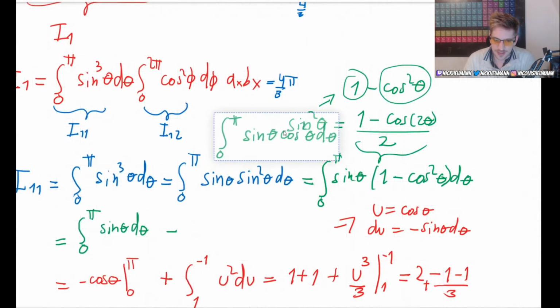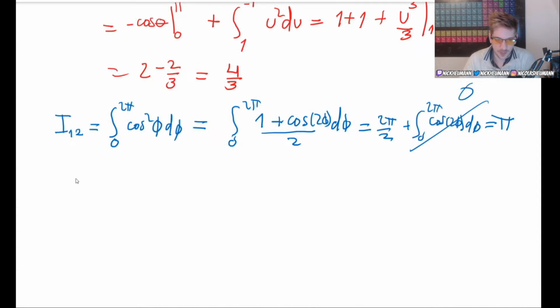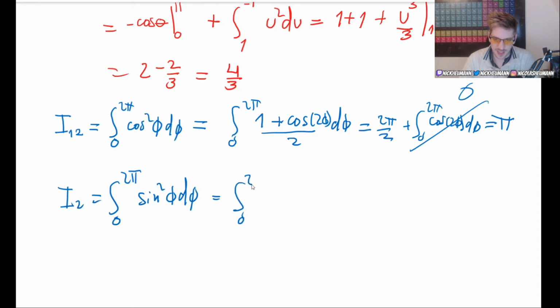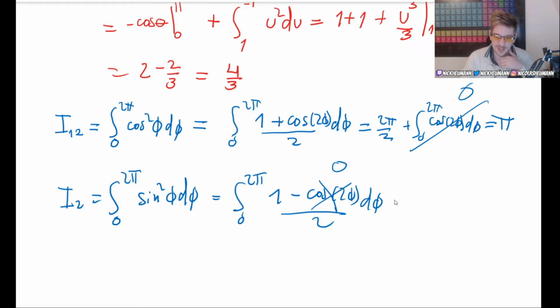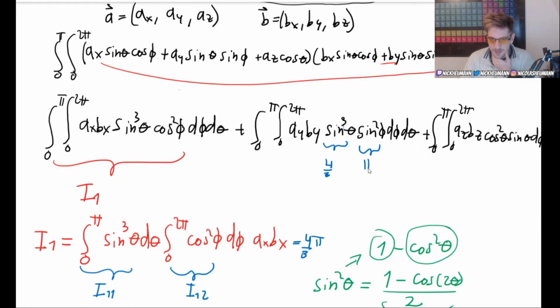If we integrate the sine squared part, in the second integral, we would get the integral from 0 to 2 pi of sine squared phi d phi, which we can write as the integral from 0 to 2 pi of 1 minus cosine of 2 phi over 2 d phi. But this part is still 0. It doesn't matter if it has a plus or a minus in front. So this integral is still pi. So going back up, we would know that this part is pi. So the product is still 4 pi/3.